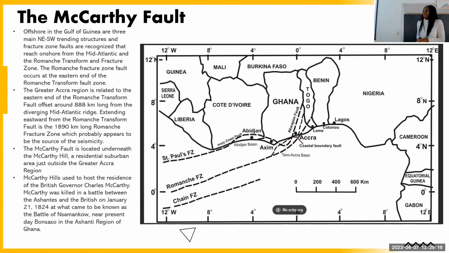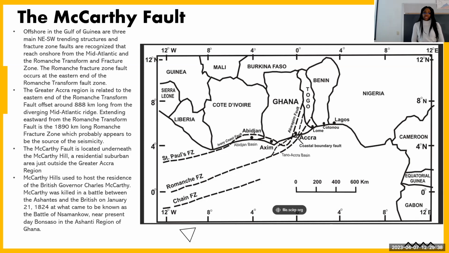Offshore in the Gulf of Guinea are 3 main northeast to southwest trending structures and fracture zone faults recognized that reach on shore from the mid-Atlantic ridge and the Romanche transform and fracture zone. The Romanche fracture zone fault occurs at the eastern end of the Romanche transform fault zone.